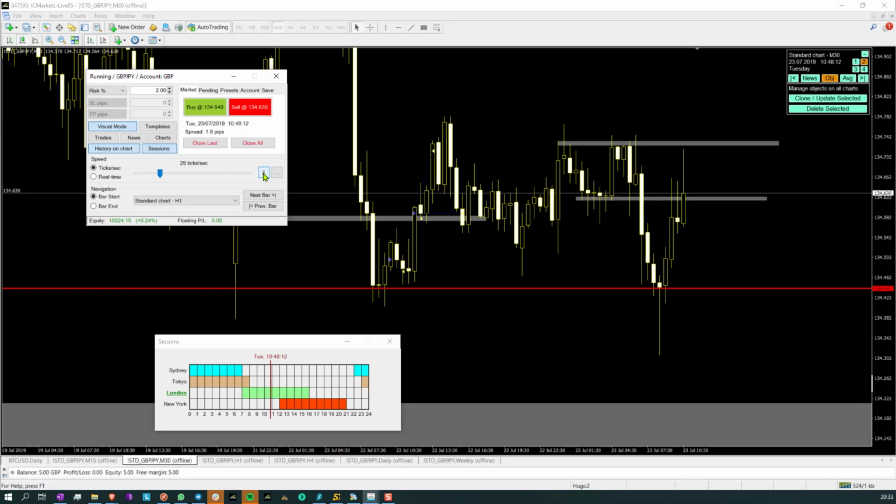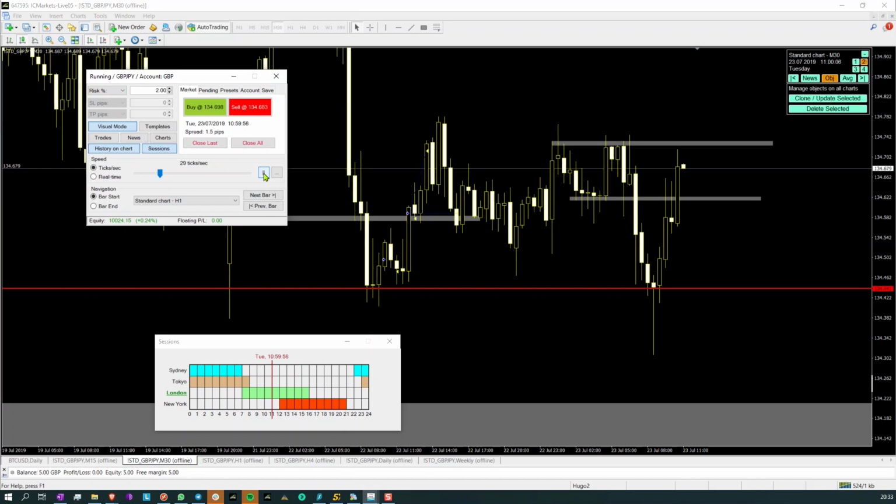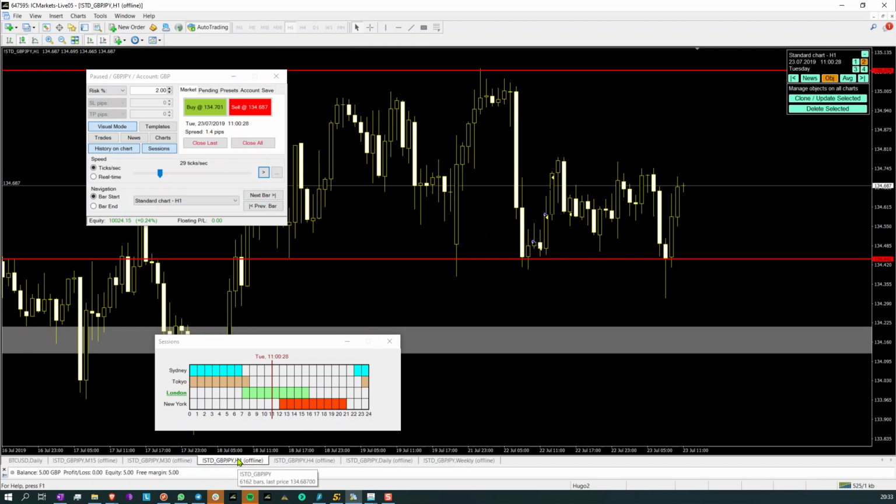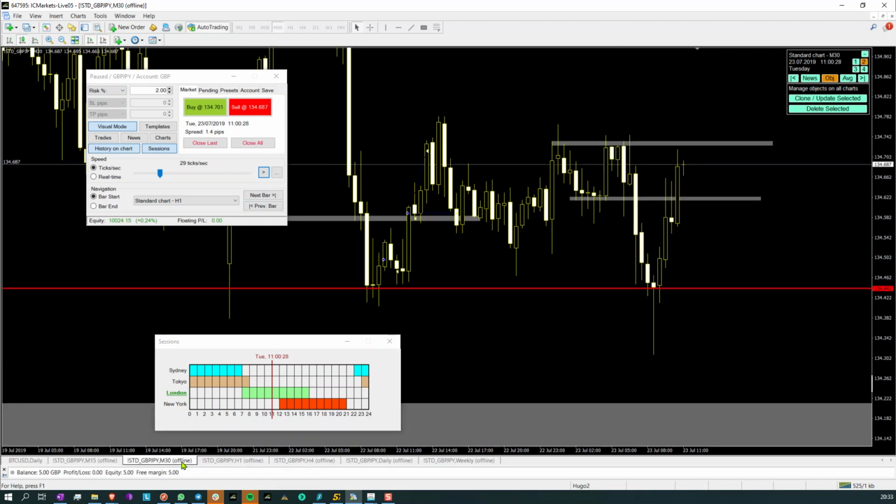Strong rejection, strong rejection. Five minutes to close. We close bullish, very bullish. 1 hour looks incredibly bullish. 30 minutes looks bullish.